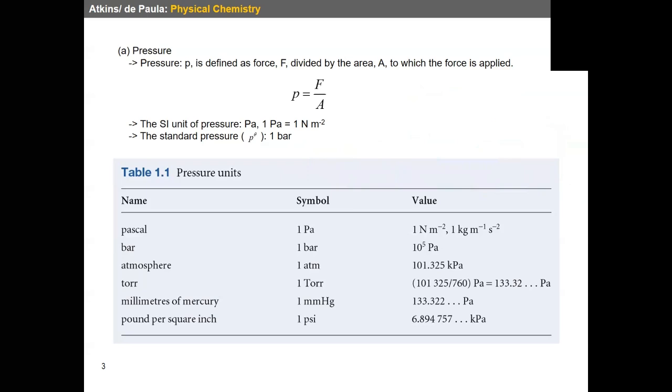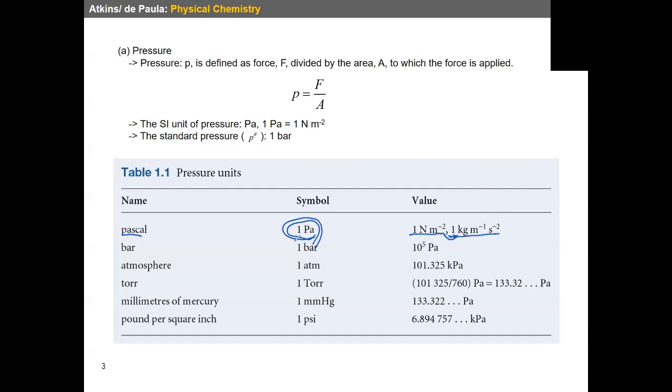Okay, so let's see. The standard unit is the Pascal. One Pascal is one Newton per meter square, and this is the same as one kilogram per meter second squared. On this earth there are a lot of people, and I don't know why different people use different units for pressure.